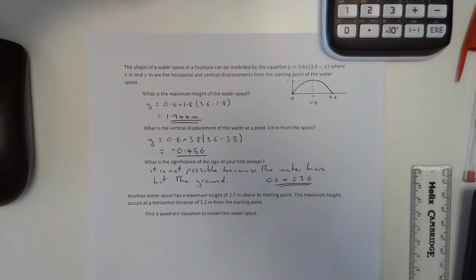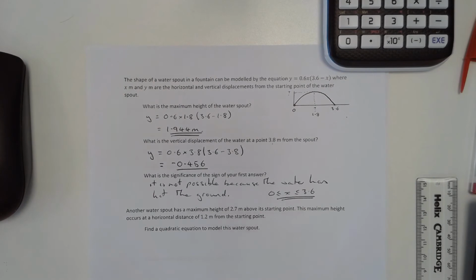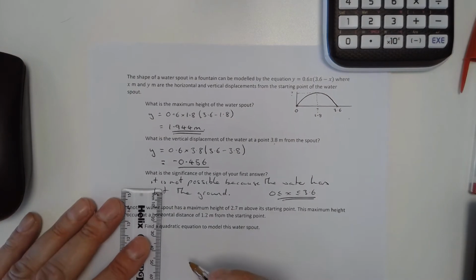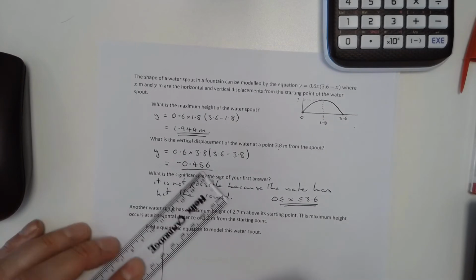Another water spout has a maximum height of 2.7 meters above its starting point. The maximum height occurs at horizontal distance 1.2 from the starting point. Find a quadratic equation to model this water spout. So let's draw a little sketch to visualize it.